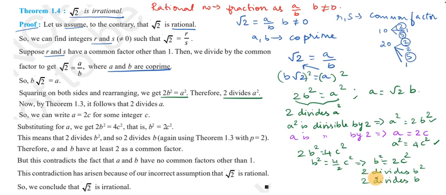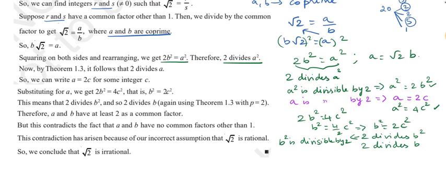Because if 2 divides b square, it means that b square is divisible by 2. If b square is divisible by 2, then what can we say? We can say that b is divisible by 2, so both a and b are divisible by 2.